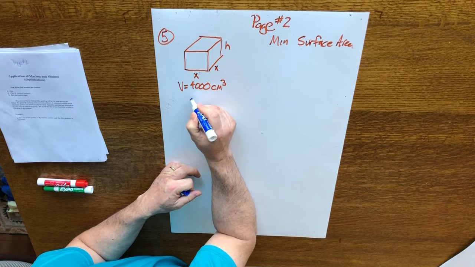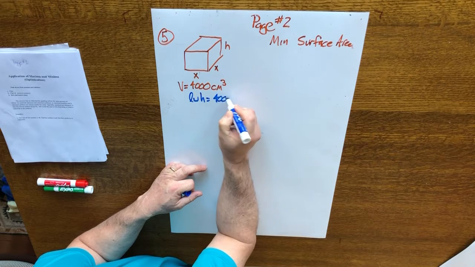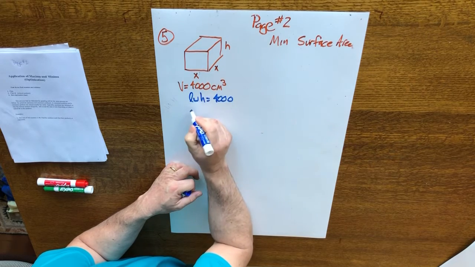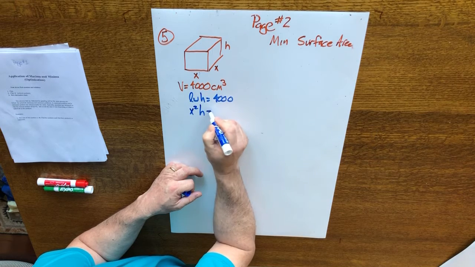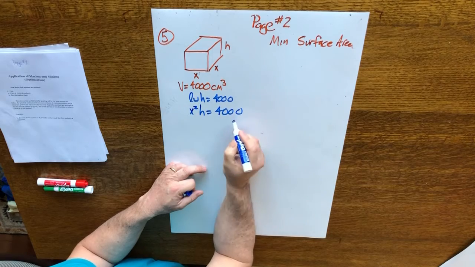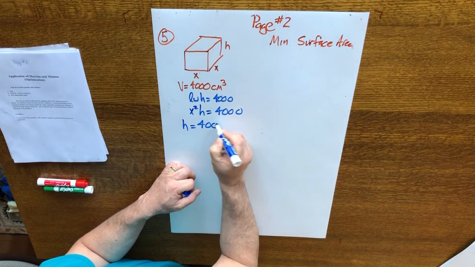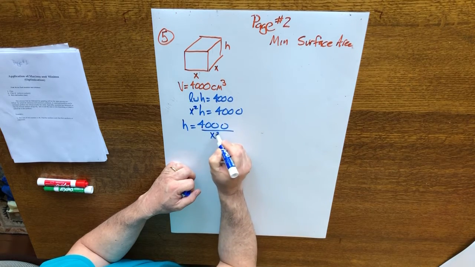So the volume, length times width times height equals 4,000, can be simplified in this question to x squared times h equals 4,000. And that's our known relationship. I'm going to take that known relationship and solve it for h, and say that h is equal to 4,000 divided by x squared.